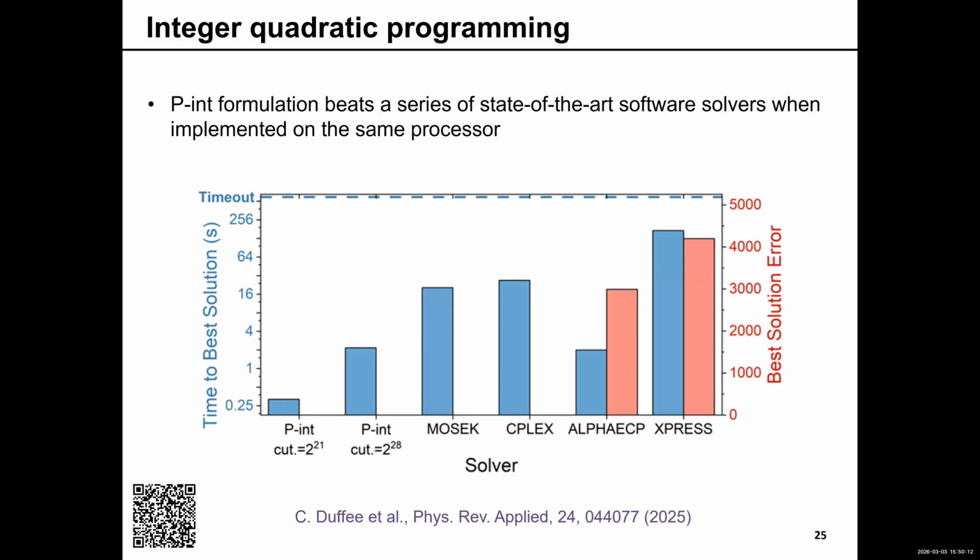But just to highlight one example, integer quadratic programming, where the objective function is quadratic. We were able to show that, compared to openly available state-of-the-art software solvers that we were able to get with an academic license, we perform equally well, or in some cases significantly better than some of these, using a p-int probabilistic Ising formulation.